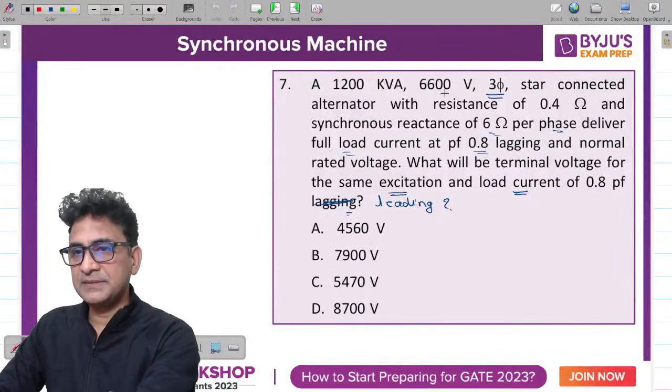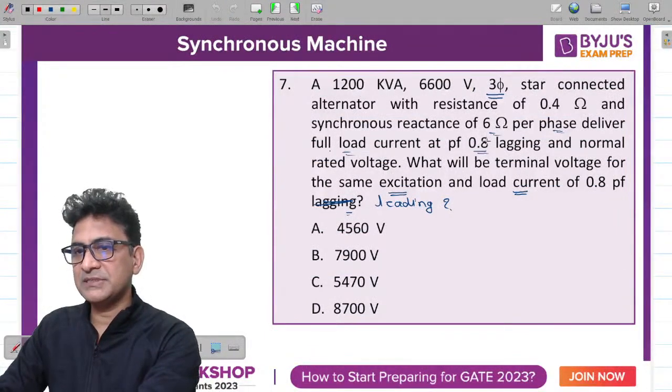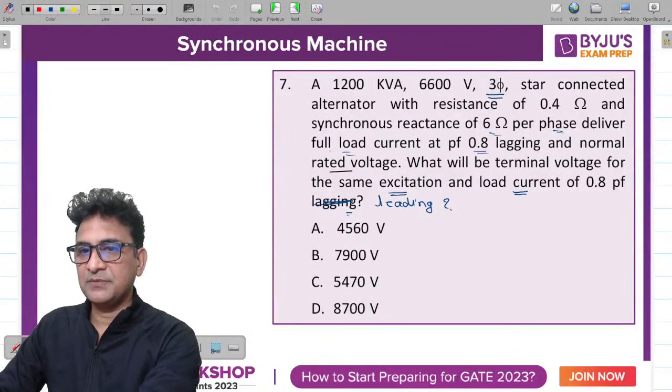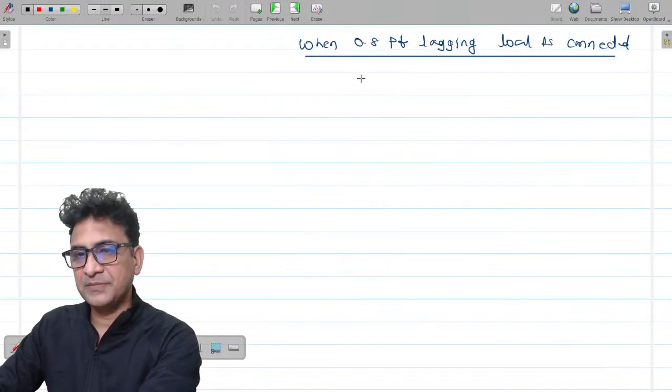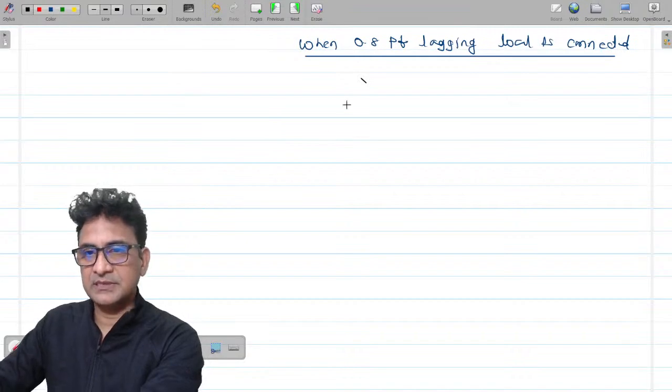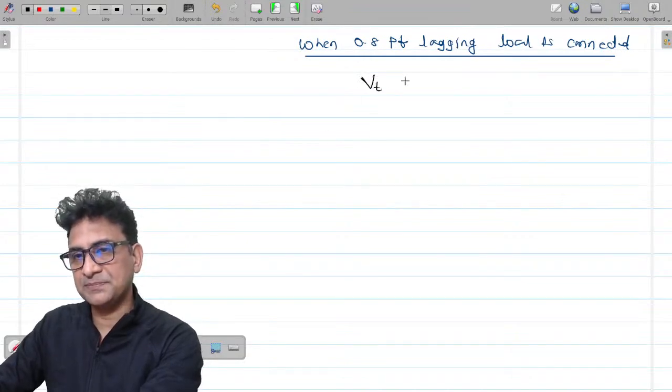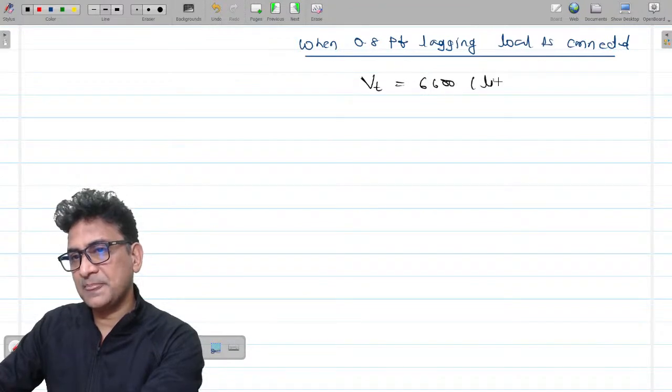When the lagging load is connected, the terminal voltage is the rated voltage. Clear? Rated voltage, that is 6600 volt. So the terminal voltage is 6600 volt, and it is the line voltage.